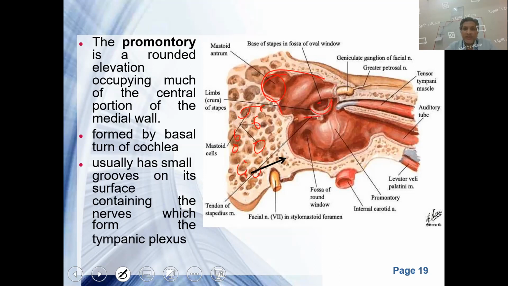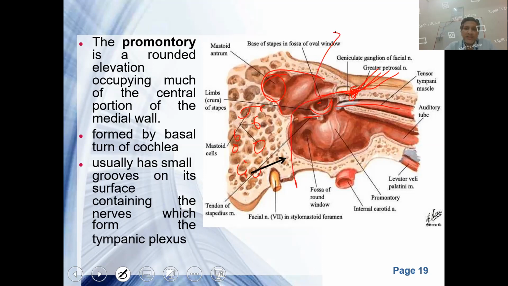This is the stapedial muscle. This is the tensor tympani muscle, and this is the facial nerve, which comes deep and appears in the middle ear. This is the processus cochleariformis, where it takes a turn posteriorly. The facial nerve comes from the labyrinthine segment and then appears in the middle ear. This is the first turn, then it goes backwards, and then turns downward.